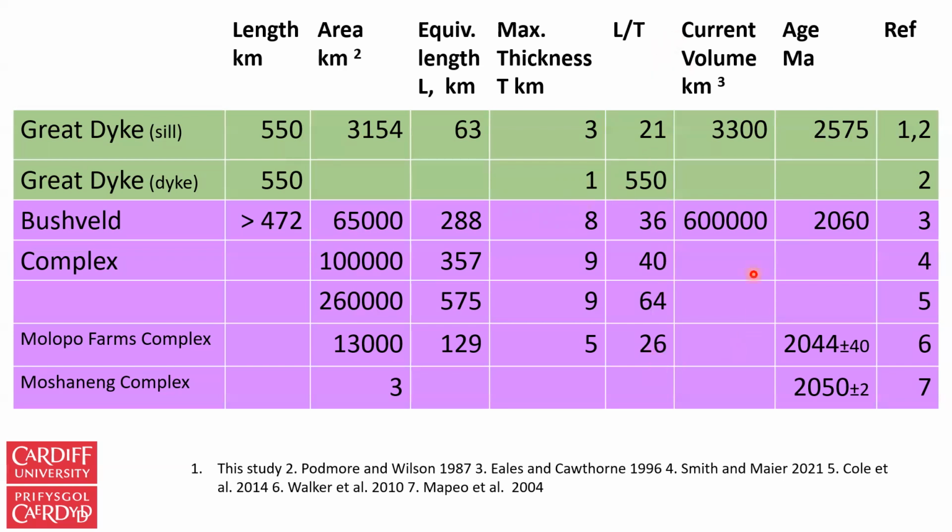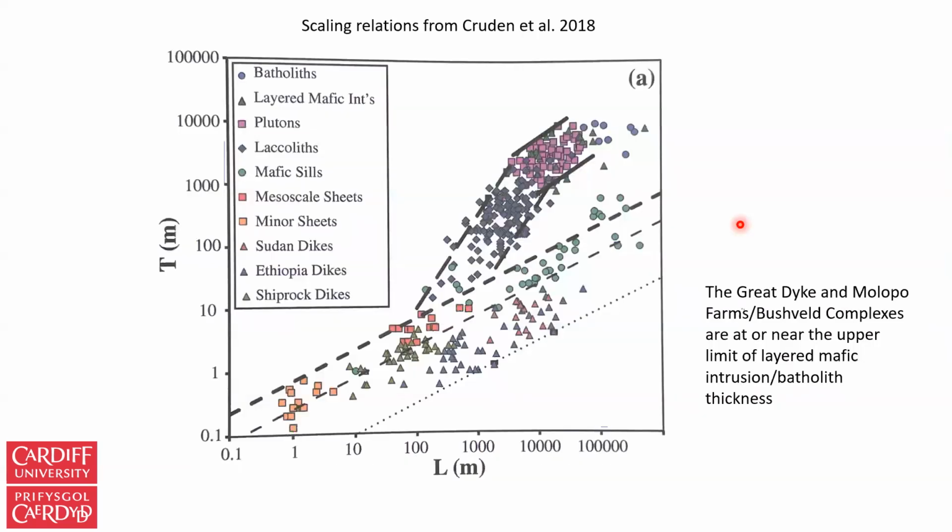So we have those values there, and the importance of that is that we can now go to the scaling relations paper by Sandy Crudden and co-workers, in which they are assembling a huge database of all kinds of different intrusions, and they're plotting the thickness in meters on this vertical logarithmic scale, against the length, again in meters, on the horizontal axis here, for loads and loads of different intrusions, and identifying some really fascinating trends on this plot and interpreting them in terms of intrusion mechanics.